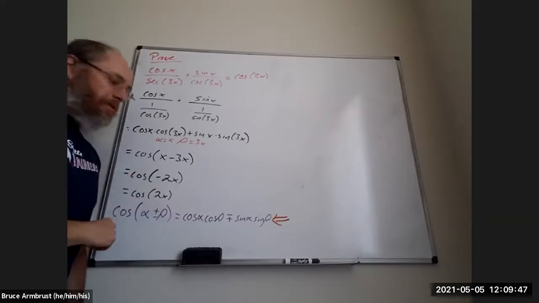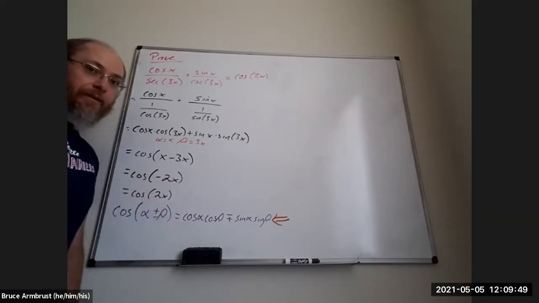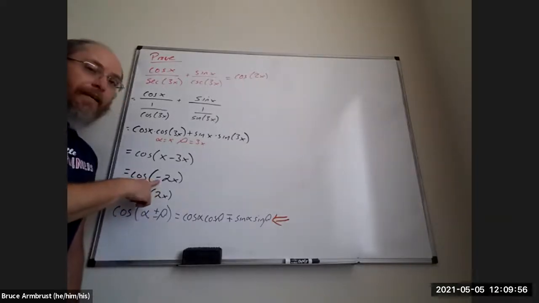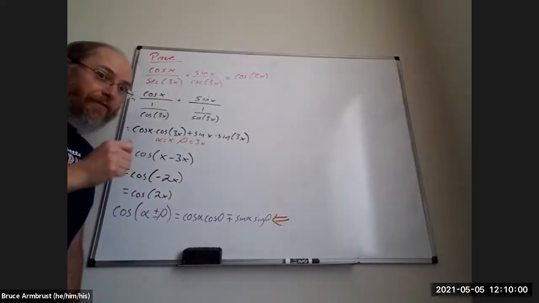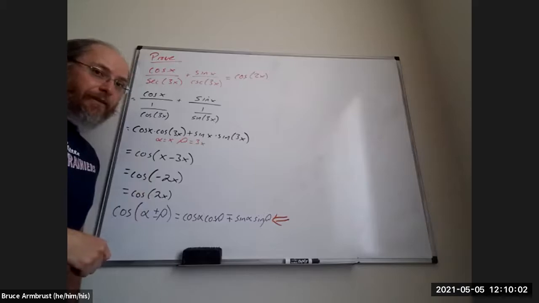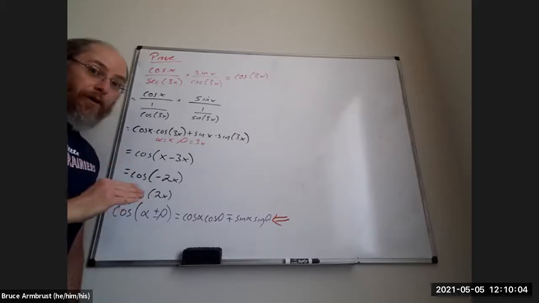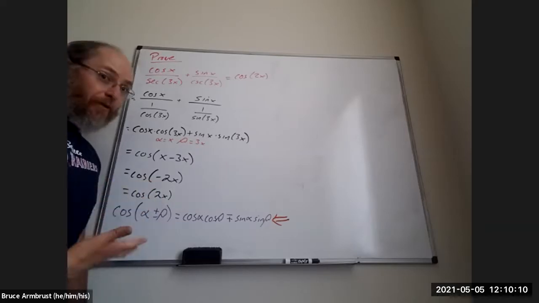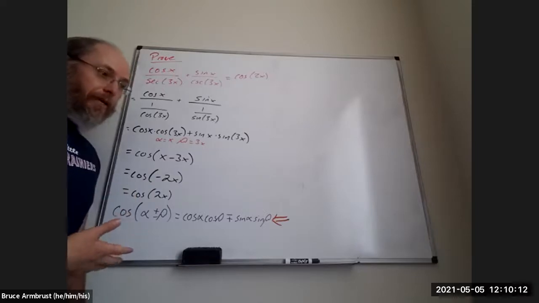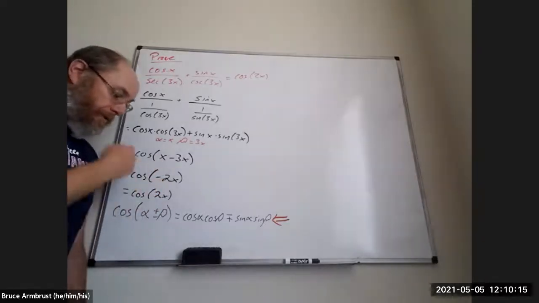The even property of cosine says you can ignore that negative. It's the same as the positive. So whenever you get a minus sign in there, I want you to think even, odd, even, odd. That should be a trigger. As soon as you see that negative in there, start thinking, ooh, what does even-odd tell me? Because that's very frequently the trick to dealing with it.